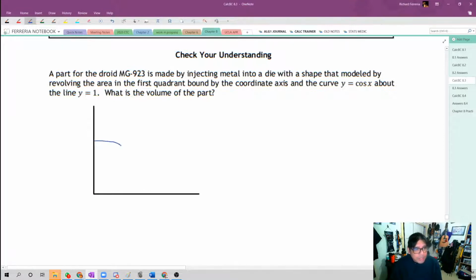So this is kind of what the cosine function looks like. And remember what this question says: the boundary curve is a coordinate axis. So if this is a boundary curve, and this is a boundary curve, and this is a boundary curve, then the region that we're looking at is right over here.